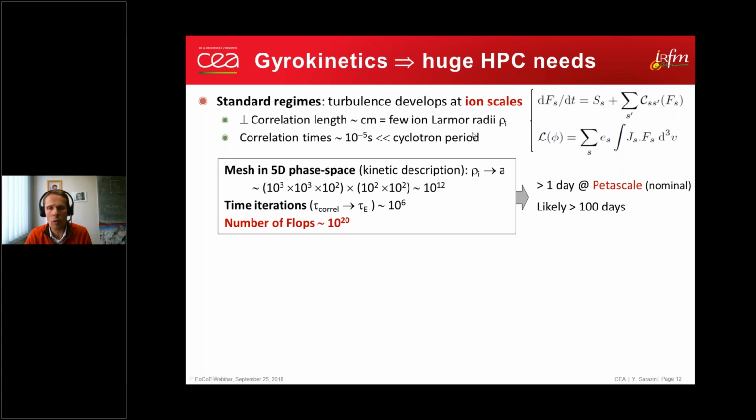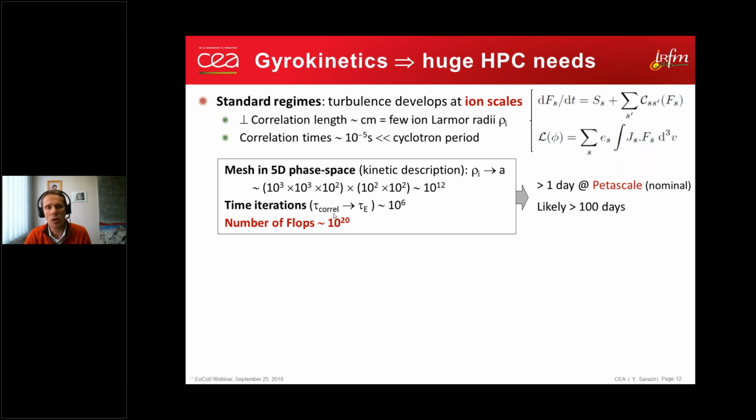Then if you want to solve this ion scale in the flux-driven approach, so take into account the back reaction of ion scale on the equilibrium scales, then the mesh grid, in 5-dimensional phase space, is of the order of 10 to the 12 grid points.